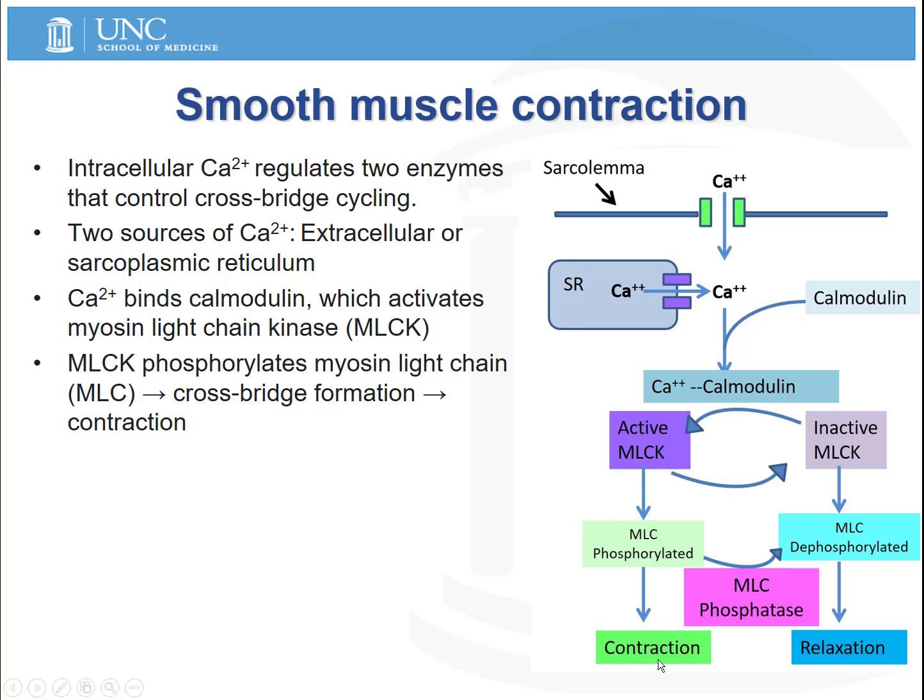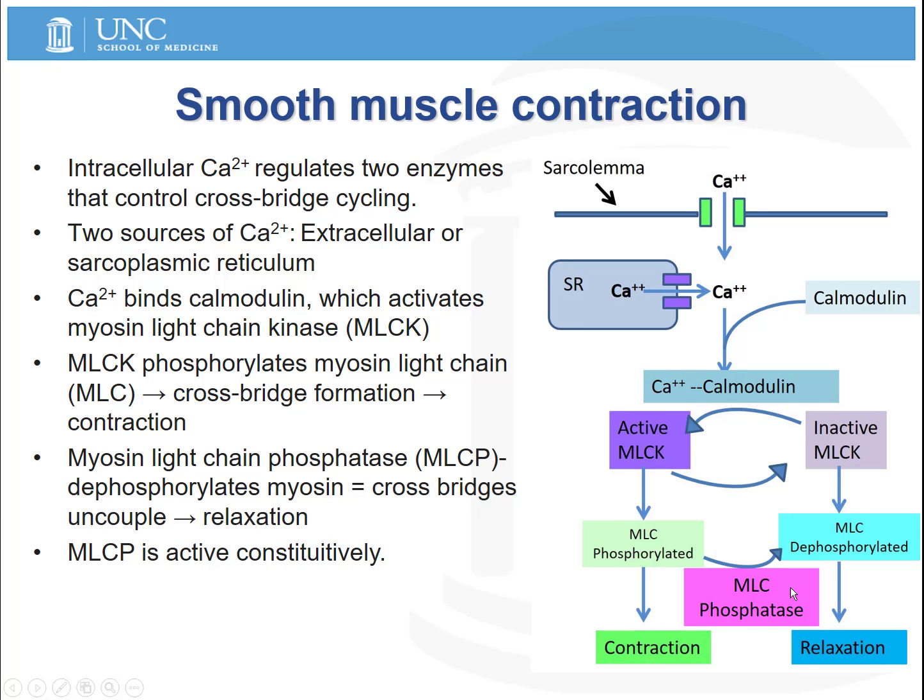It's important to note that the amount of tension generated by a smooth muscle cell during contraction is based on the amount of intracellular calcium. With higher intracellular calcium concentration, there are more cross bridges bound, and therefore more tension can develop with the cross-bridge cycling.